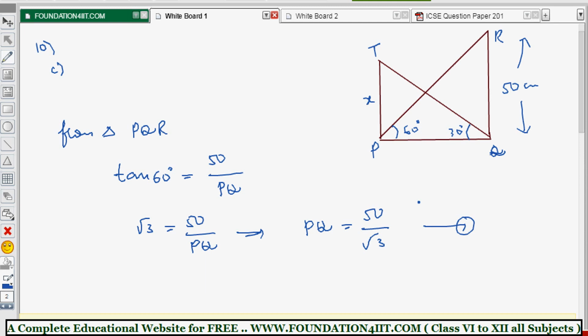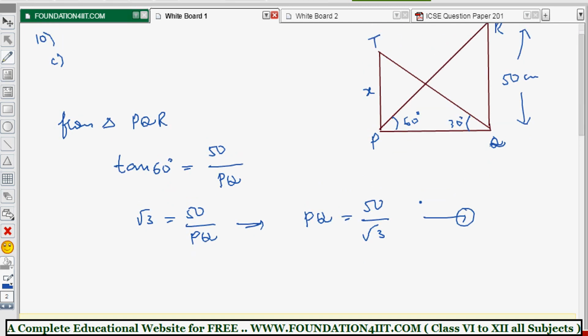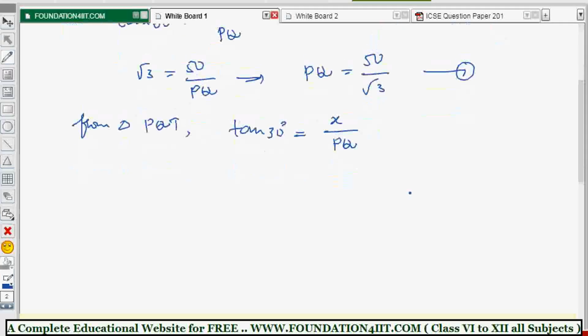And from triangle PQT, another triangle, here is tan 30 degrees. Tan 30 is x by PQ, opposite is x. So in place of PQ, you can substitute 50 by root 3 and you will get the x value.